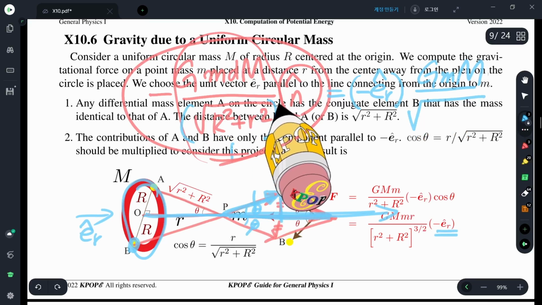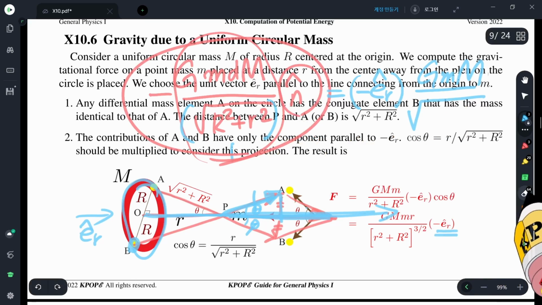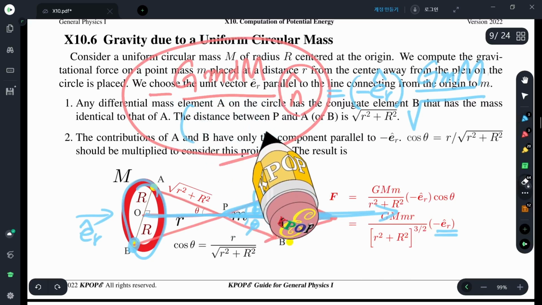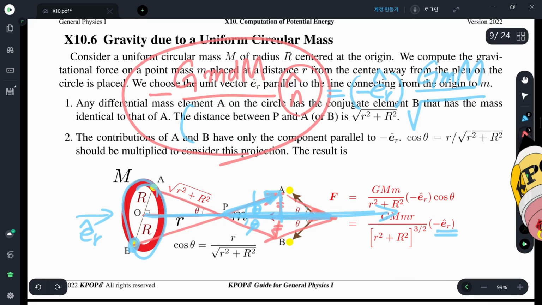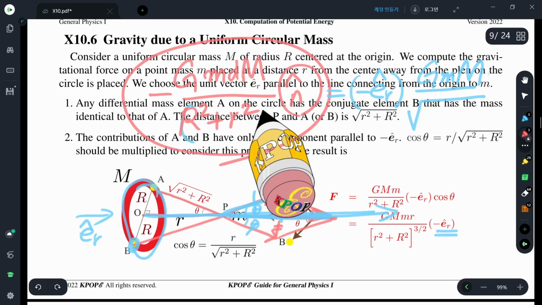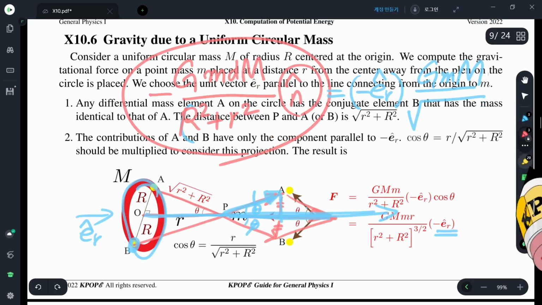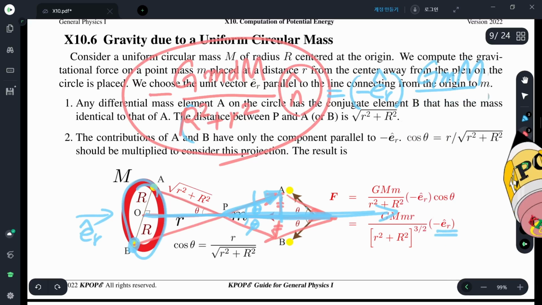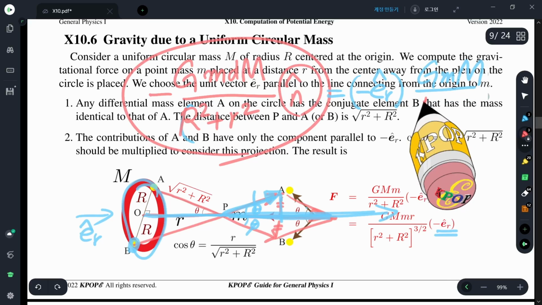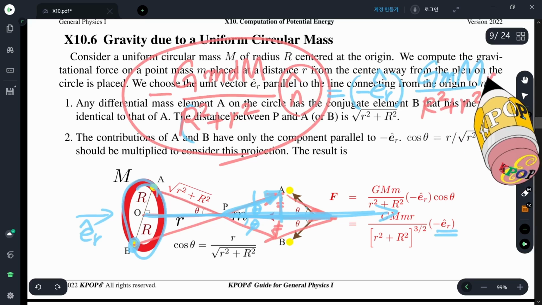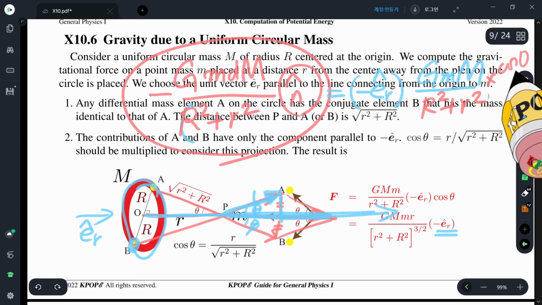I should put this because this is force. So this is capital R squared plus small r squared. There should be this original factor, and cosine theta. And what is cosine theta?